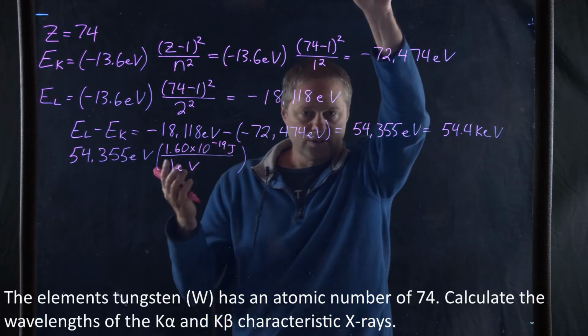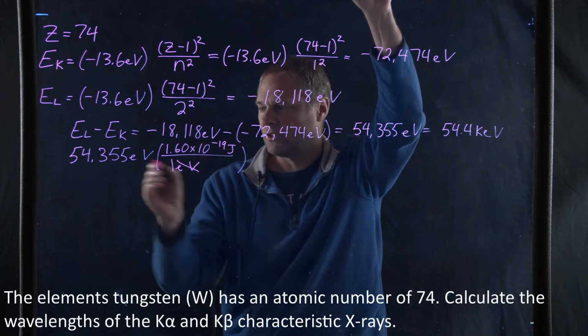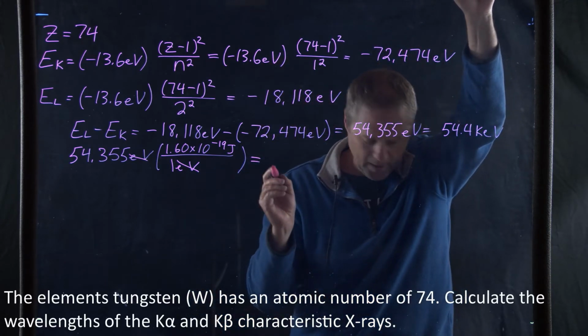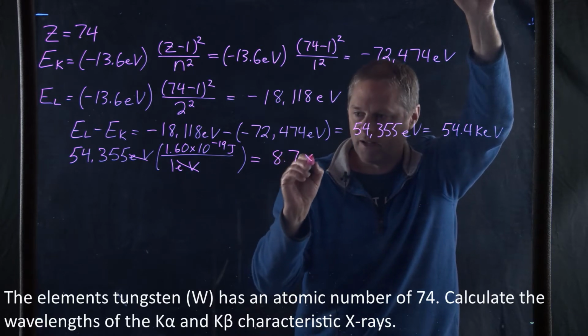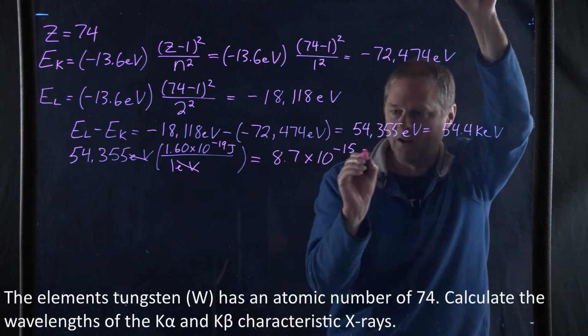The electron volt is the energy of 1 electron charge across a volt. The electron volts cancel, and what we end up with is 8.7 times 10 to the minus 15th joule.